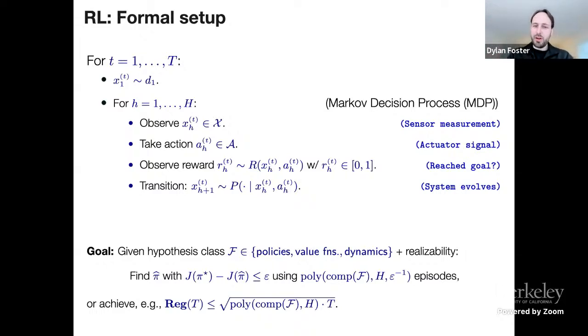The important point is that our goal is to achieve either sample complexity or regret that's polynomial in the horizon and the target accuracy, but most importantly in the statistical capacity of our function class F. In doing this, we're typically going to make some assumption along the lines of realizability that says the hypothesis class we're working with is indeed powerful enough to represent, say, Q functions or transition probabilities.